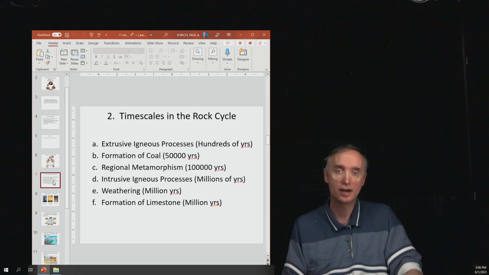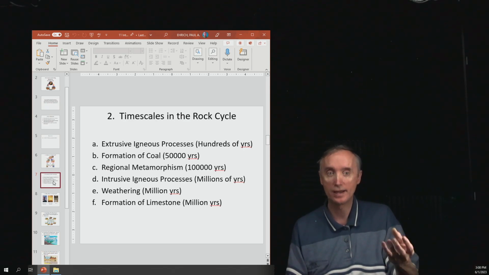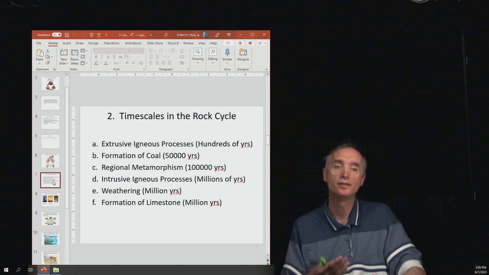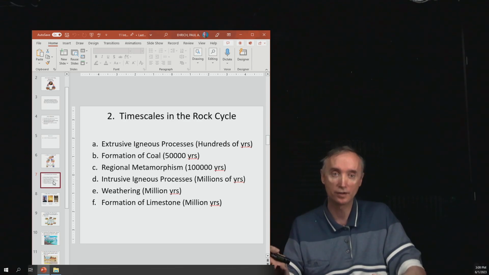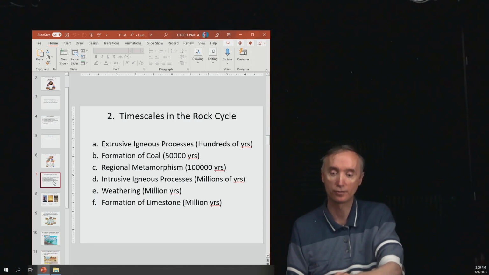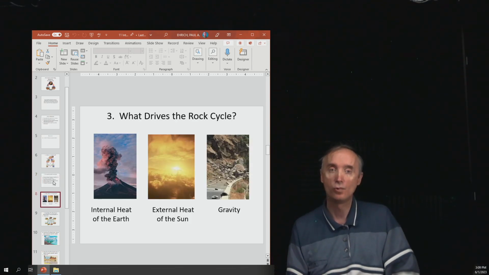It takes 50,000 years for plants to be transformed into coal. It takes hundreds of thousands of years for regional metamorphism to take place. So just know that it takes a long time normally to take one kind of rock and turn it into another kind of rock.